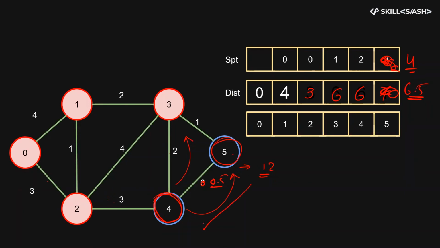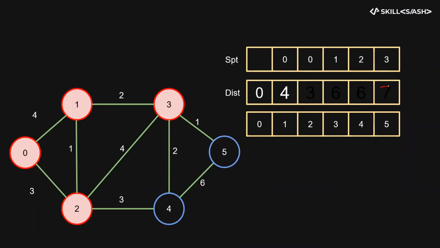So my path is 5 to 4. 4 is reachable at the least weight of 6 via 2. 2 is reachable with least weight of 3 via 0. I reach the source, completed it. Let's say this is not the case, and it was 6 only. Then also I can have the path. The node 5 is reachable with the 7 length via 3.